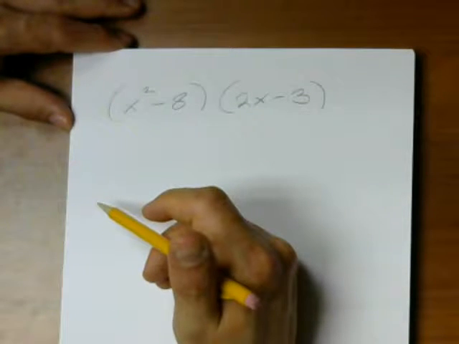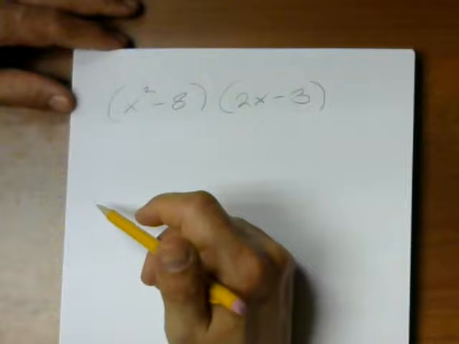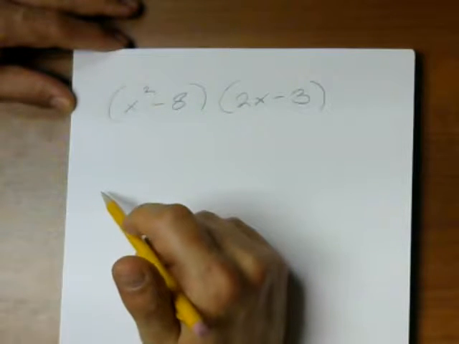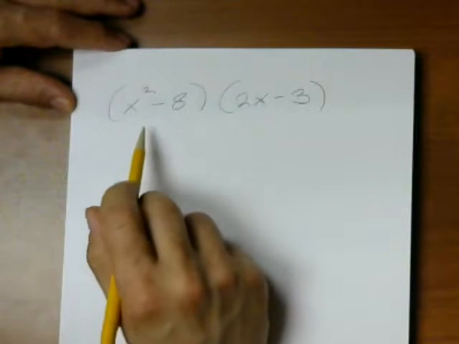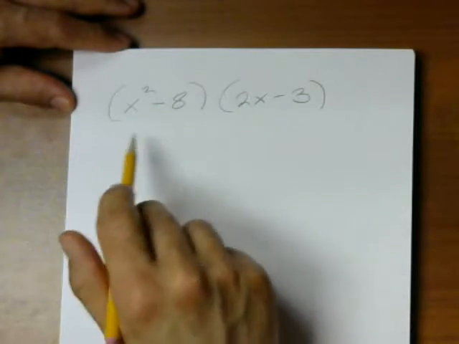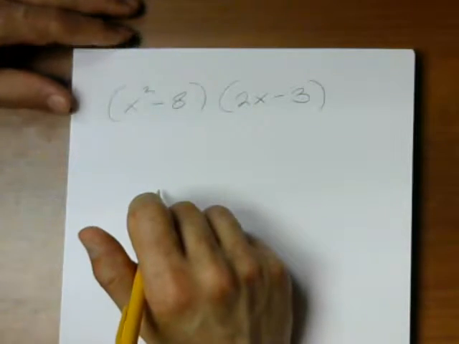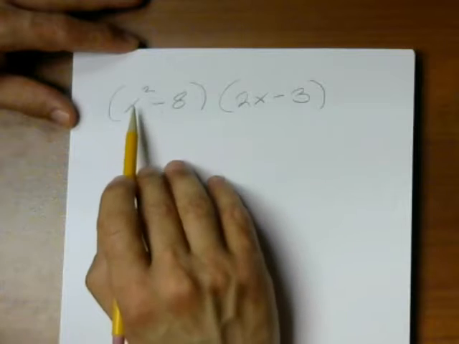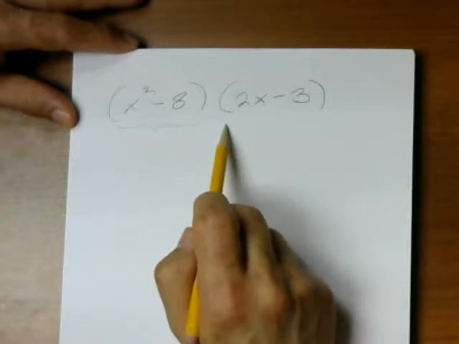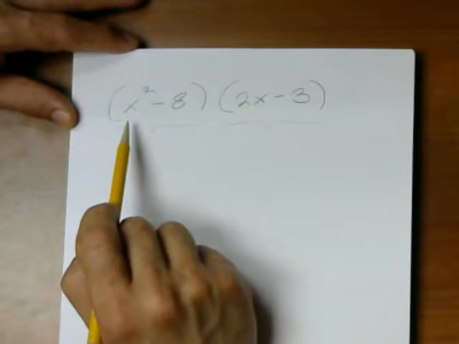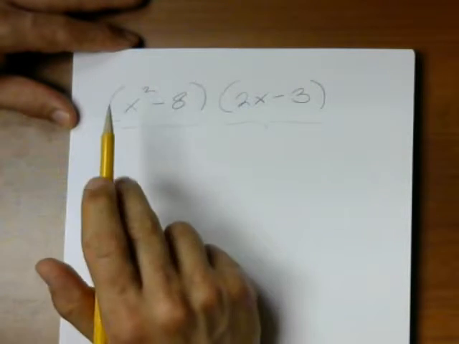So a lot of people might have heard somewhere that they're supposed to do first, outer, inner, last, right? FOIL. And you can do that. You can take the first two terms and the rest. But what are we really talking about here? Well, as long as we multiply everything here times everything here, it really doesn't matter what the order is.